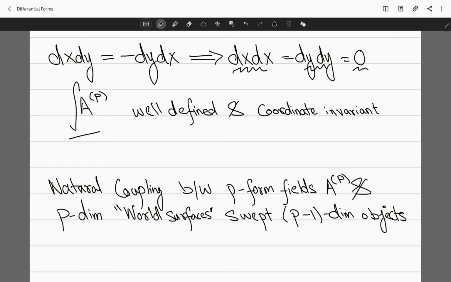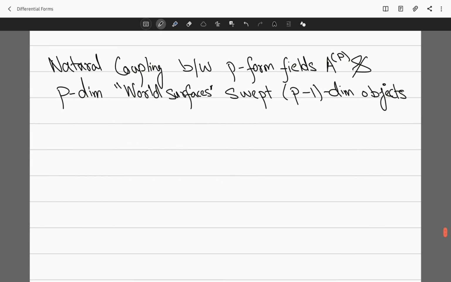I don't know if you understood what I said, but let me actually give you an example. If I had p equal to 1, that is this integral of A_1.